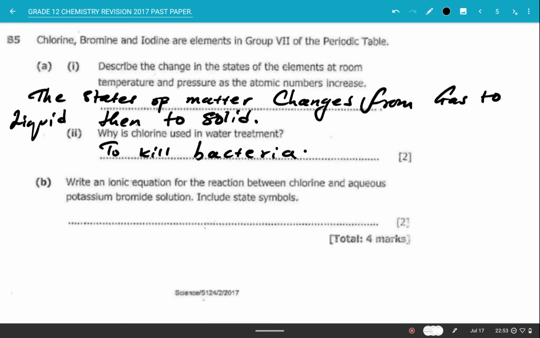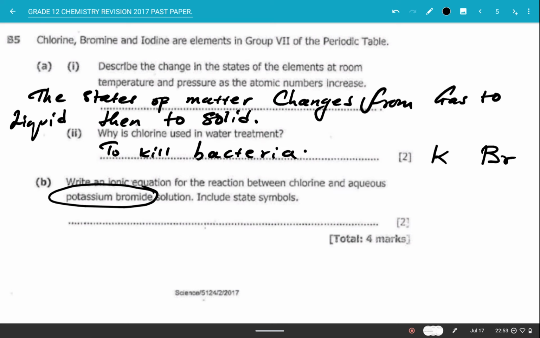Okay, so for you to know how potassium bromide will be written, go to your periodic table and quickly look for the two elements. Look for potassium, which is K, and bromine, which is Br, with a small letter r, like that.